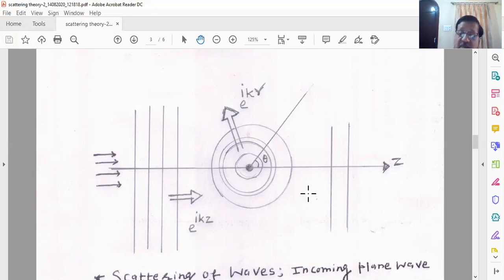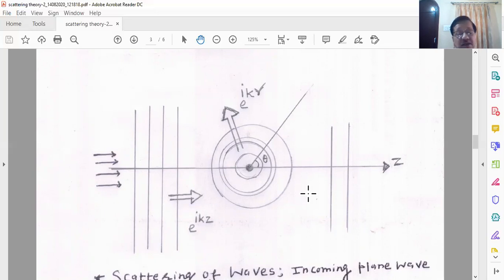So please remember that if the target has an azimuthal symmetry, it means the scattered particle trajectory is in the same plane as the plane of the incident particle.